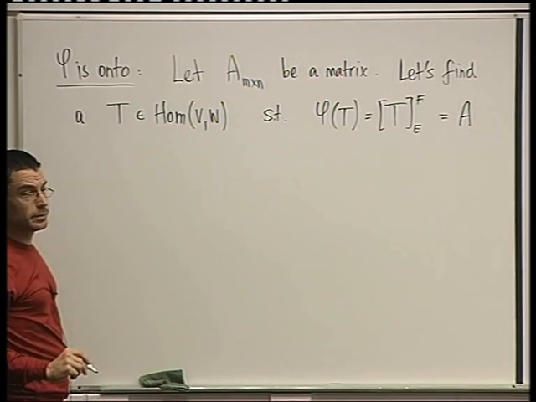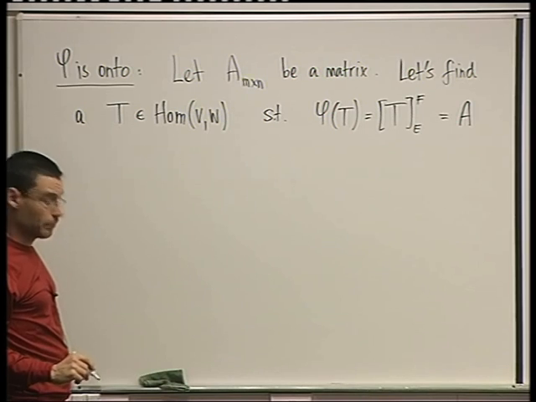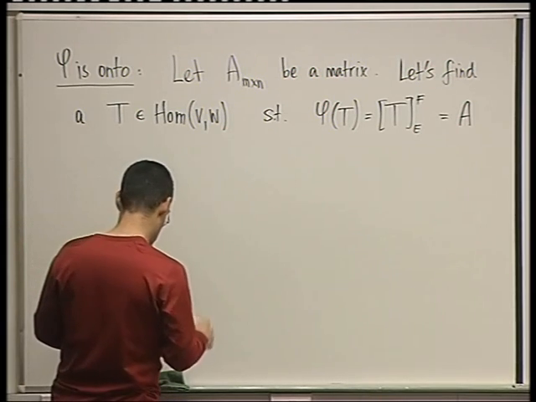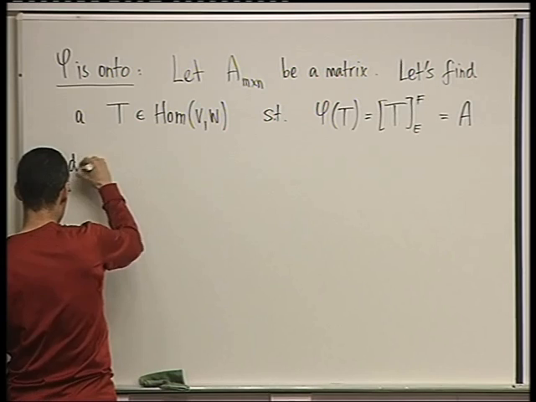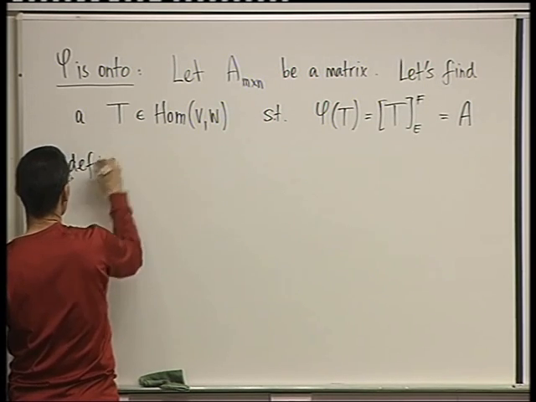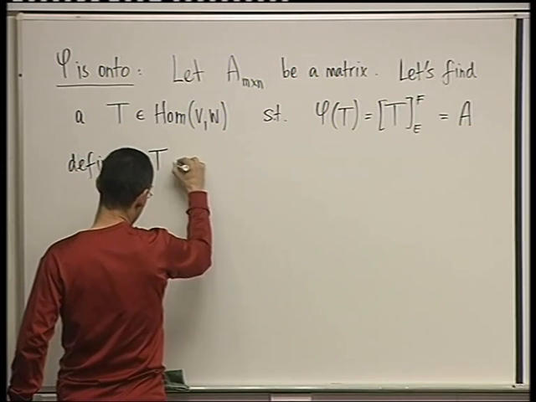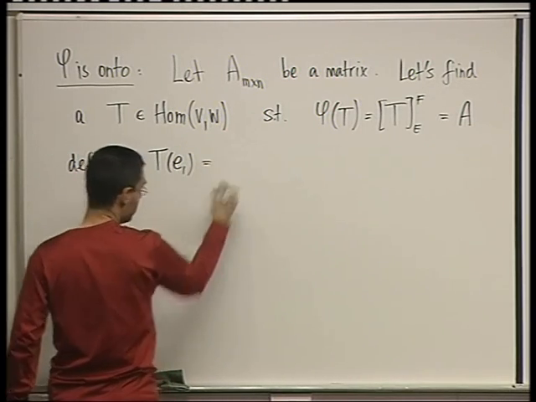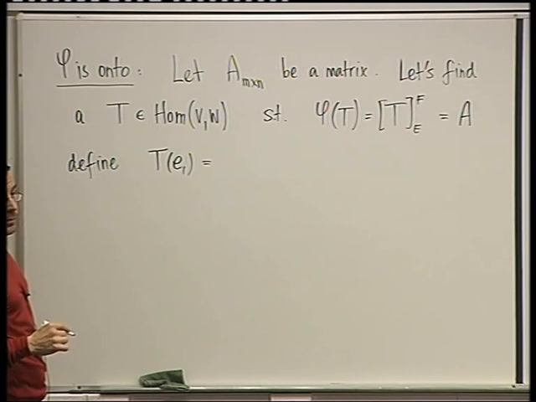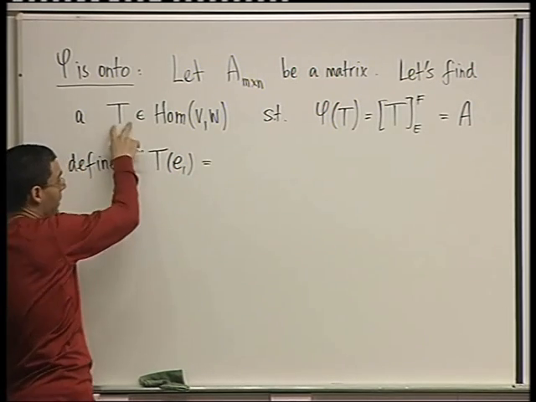That's what we need to do. Do you agree? Okay. So define, I'm going to construct it. I'm going to tell you precisely how we're going to do it. So I'm going to tell you what T does to E1.